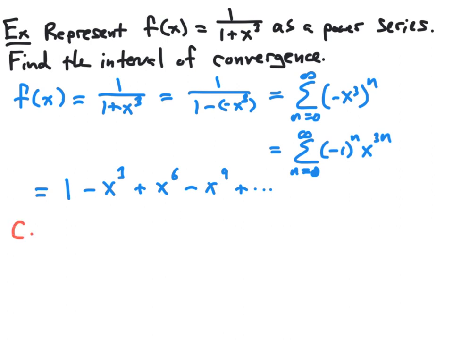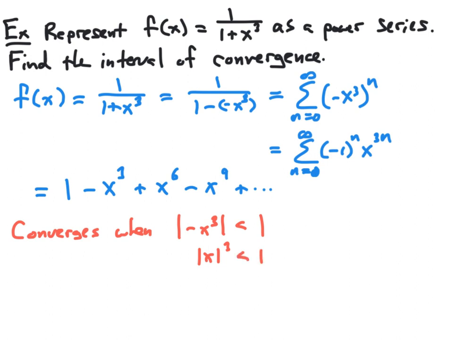To find the interval of convergence, we note that this is a geometric series with a ratio of negative x cubed, and so by properties of geometric series, this will converge when the absolute value of negative x cubed is less than 1. This simplifies to simply being the absolute value of x cubed being less than 1.